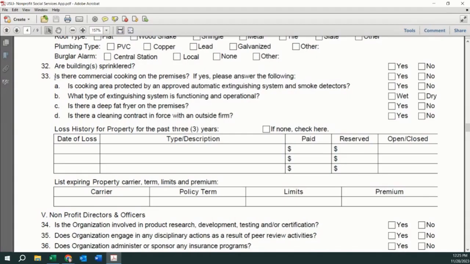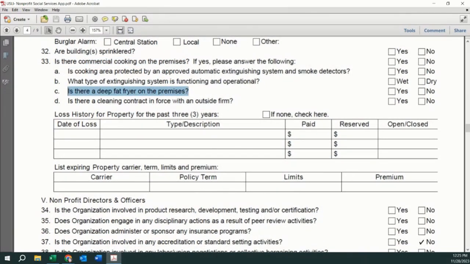Number 33, is there commercial cooking? Deep fat fryer. These are things that are going to be dangerous. Is there a cleaning contract in force with an outside firm?